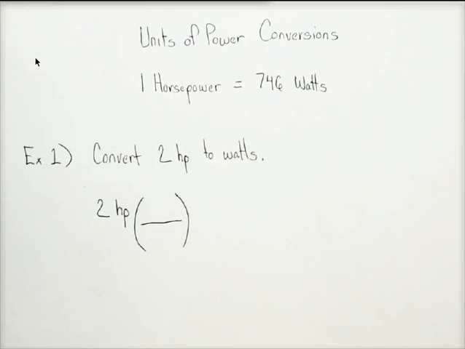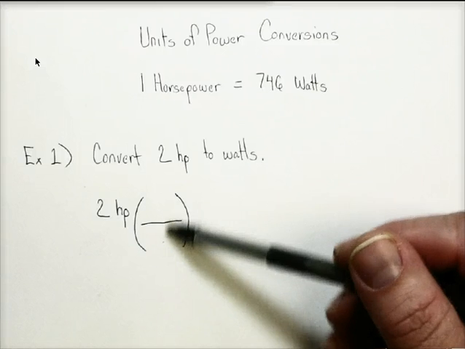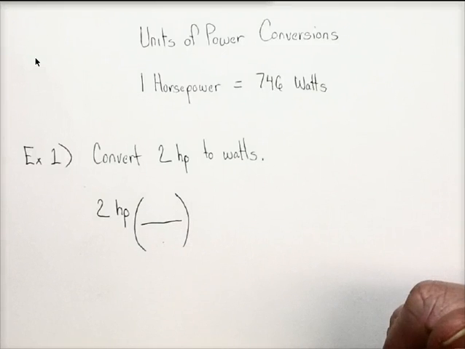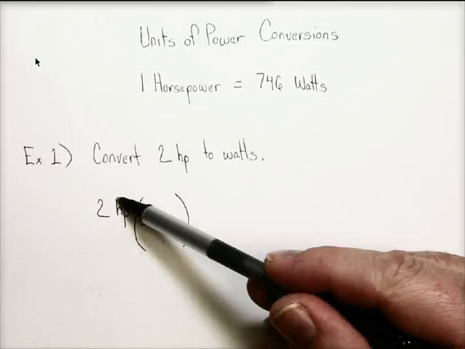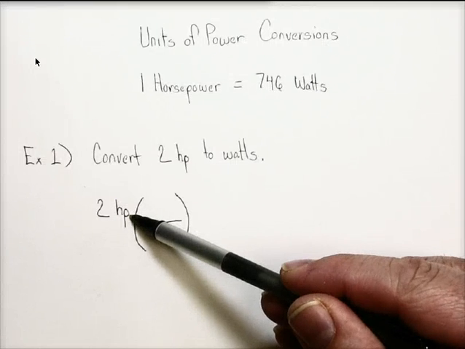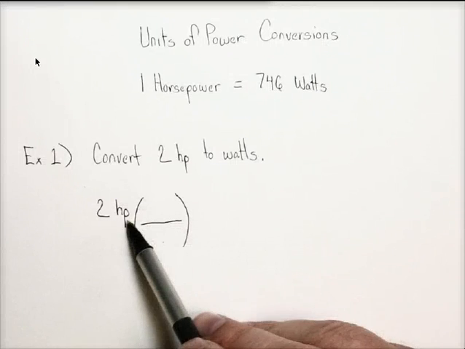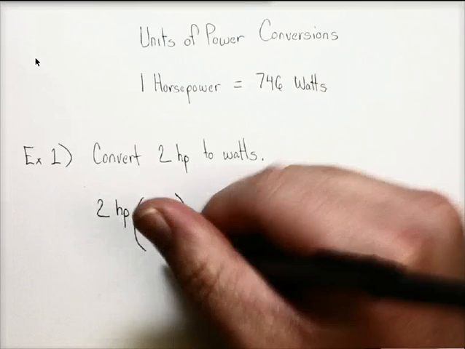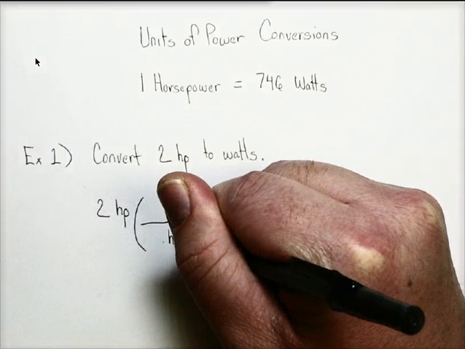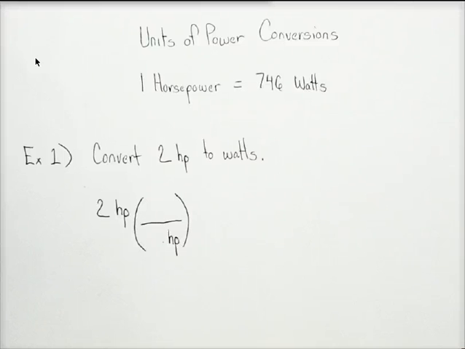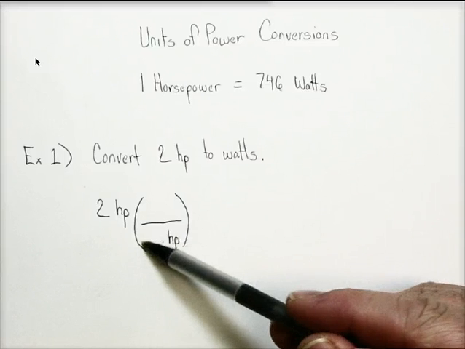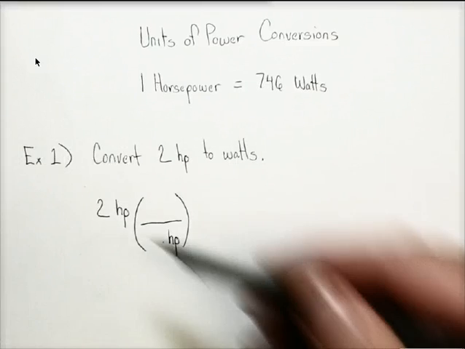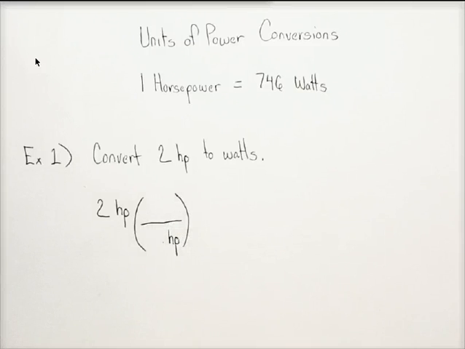And now we're going to fill this in with the things we want to convert between. Now, I started with horsepower. That was my first unit. Whatever that first unit is that you start with, write that on bottom. So I wrote horsepower and I've left some space to put a number here. And then up top I want to put what it is I want to change to.